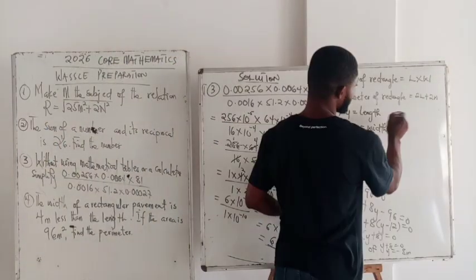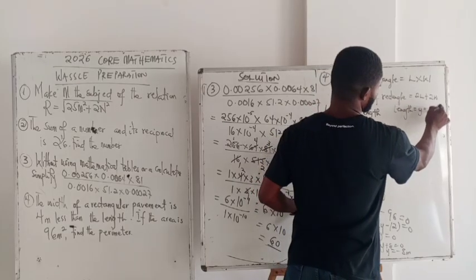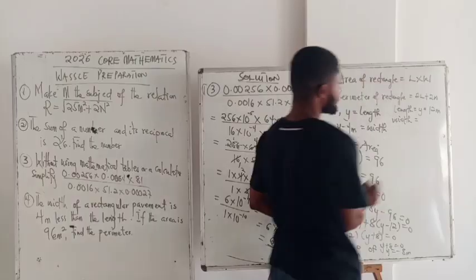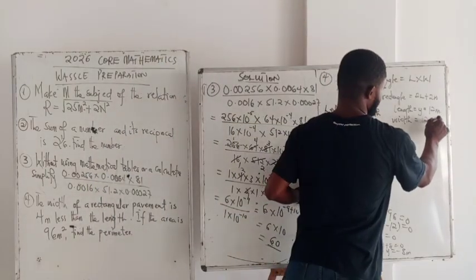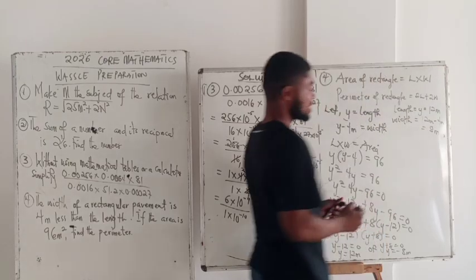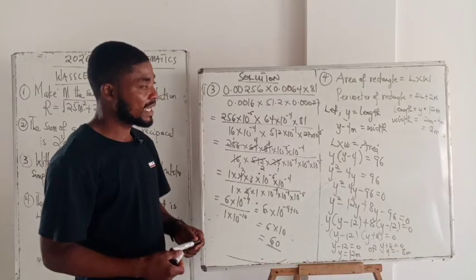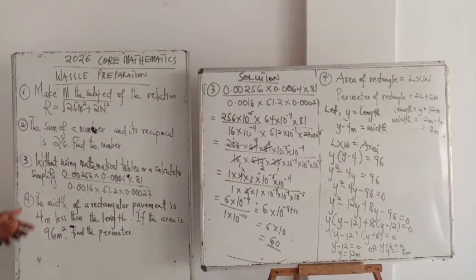And then if y is equal to 12, which is the length, we were told that the width is 4 less than this. So the width is what we have as the 8 meters. So when we multiply the 8 by the 12, we get our 96. Now the question continues to say we should find the perimeter.